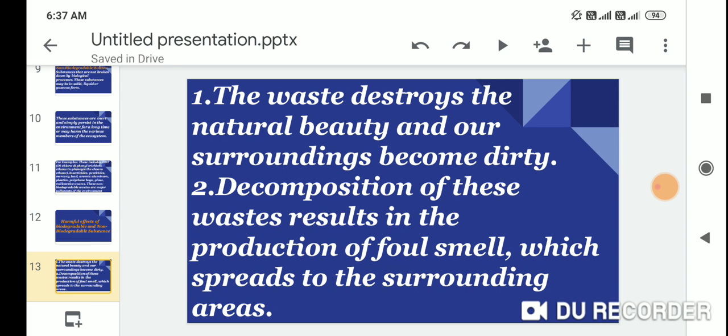Second, the decomposition of these wastes produces a foul smell which spreads to the surrounding area.